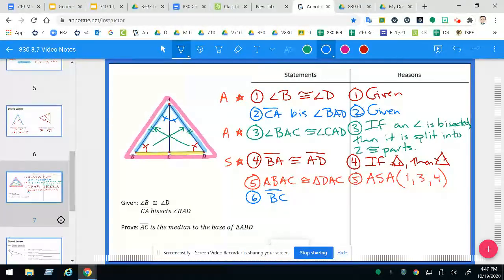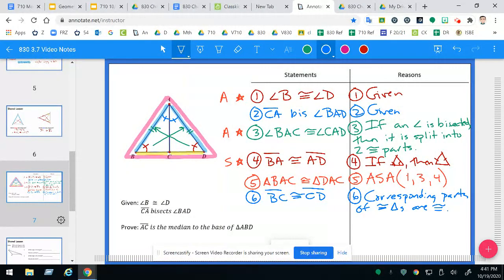We can say that BC is congruent to CD, and that is because of our trusted friend, I almost made the mistake everybody makes, corresponding parts of congruent triangles are congruent. We are still writing that out for the time being. Soon we will let you shorten that, but not yet.